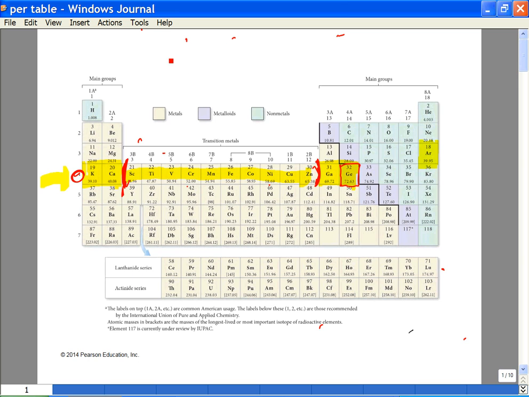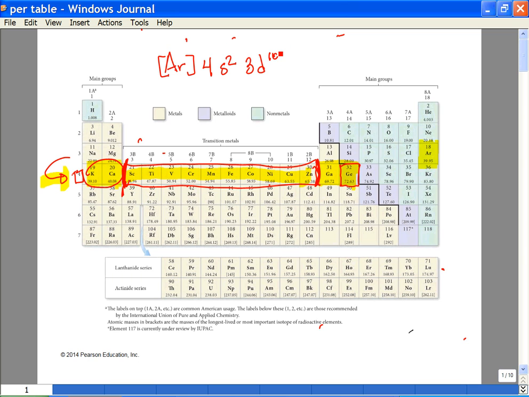So we start with the argon core that we've identified. We follow it around to here, and we see we have 4s2, and then here we have our 3d, and the whole d block is filled.